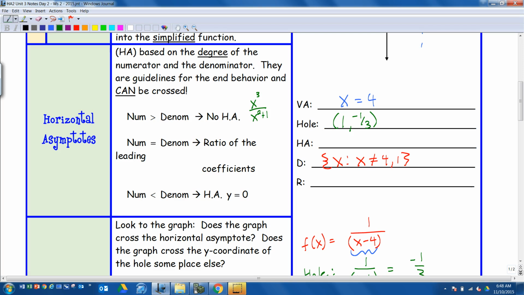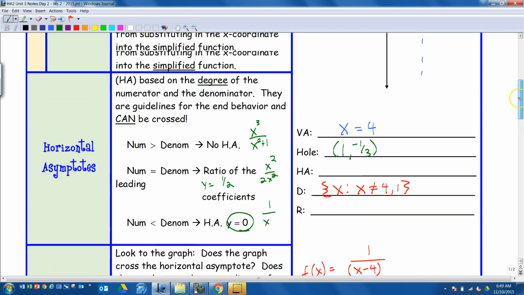Okay? If they're equal, then they kind of cancel, and you only look at the biggest ones, and you're left with the numbers in front. So this would be y equals, in this example, 1/2. And finally, if it's like 1 over any x or x power, as x gets really big, y goes to 0. So that one's always 0.